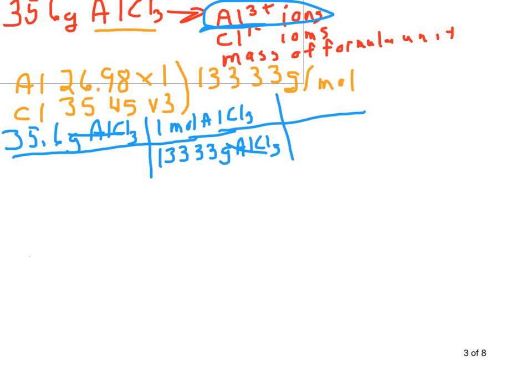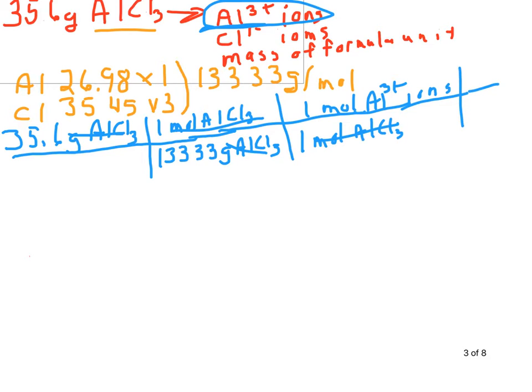So first, change from mass to moles. Then we're going to change substances. So 1 mole of aluminum chloride contains 1 mole of aluminum ions. Mole cancels mole. So change from mass to moles, change substances. Now we can change them to particles.